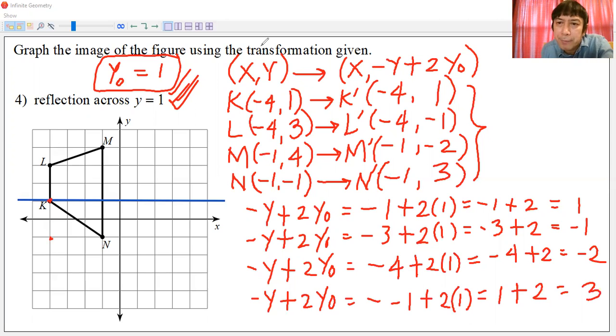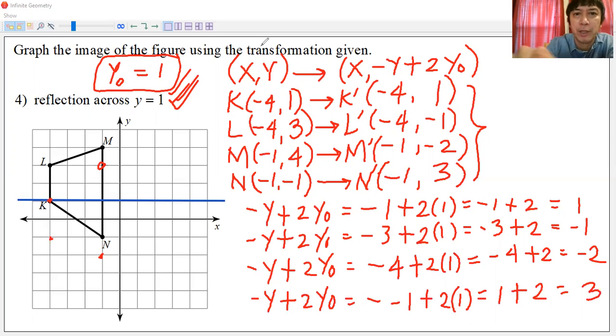And then negative 1, negative 2 must be somewhere here. There. Negative 1, negative 2. Okay. All right, that's the third quadrant. How about negative 1, 3? Negative 1, 3 is right here.